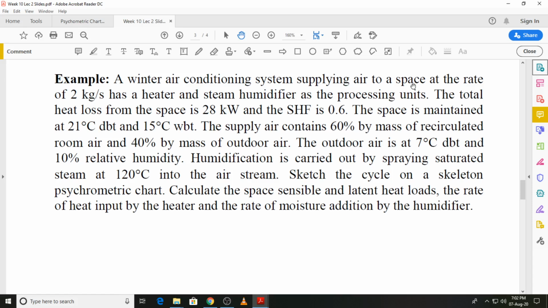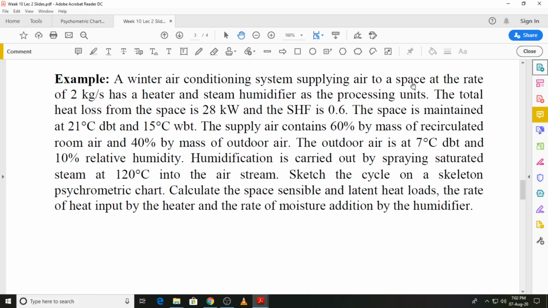We are told the heat loss from the space is 28 kilowatts, and because we are given a sensible heat factor of 0.6, there is going to be both latent and sensible components of the total heat loss, and that you can work out by using the sensible heat factor if you are asked to do that.